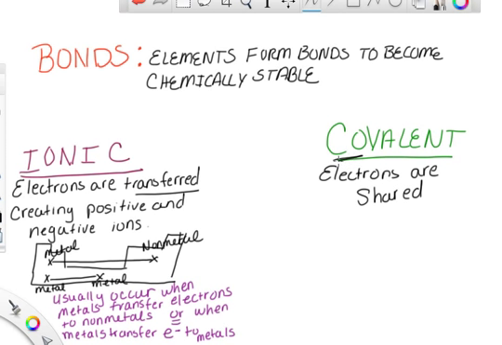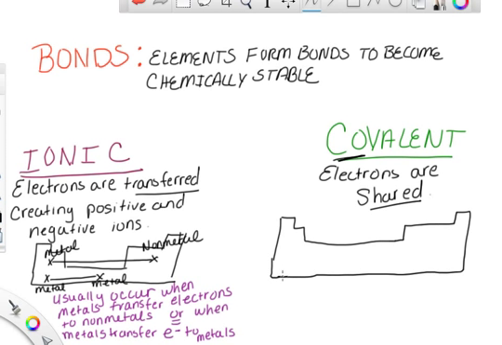That's where you get the co from, because they're shared. So if we draw a little sketch of the periodic table, okay, these usually form when you combine nonmetals with nonmetals.